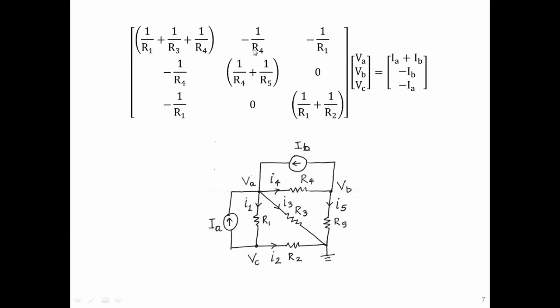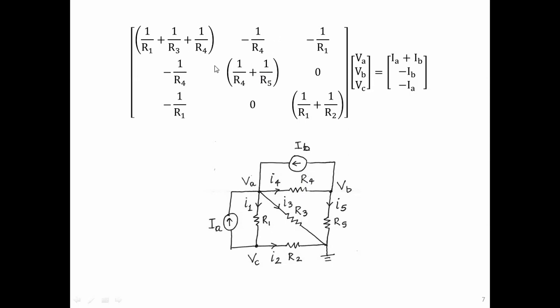Then between nodes VA and VB, a resistance R4 is connected. The second column and second row correspond to the node VB. So R4 is connected between VA and VB, and it will appear as minus 1 by R4 here, which is between VA and VB, and it will appear here, which is between VB and VA.